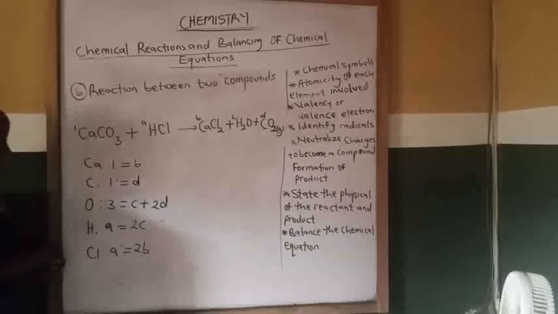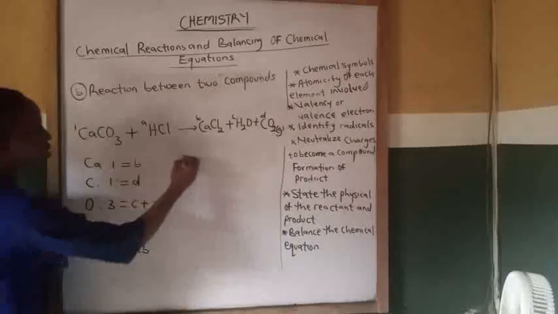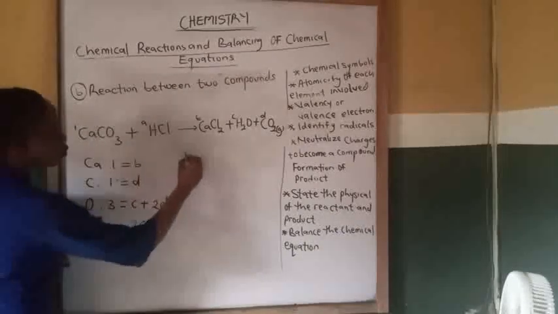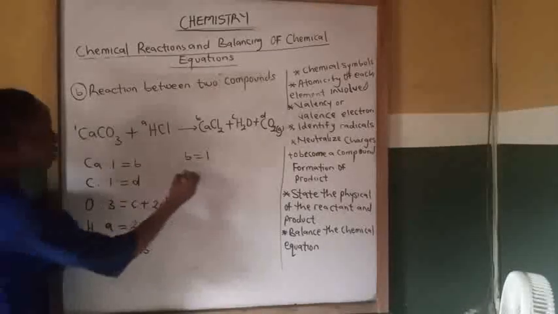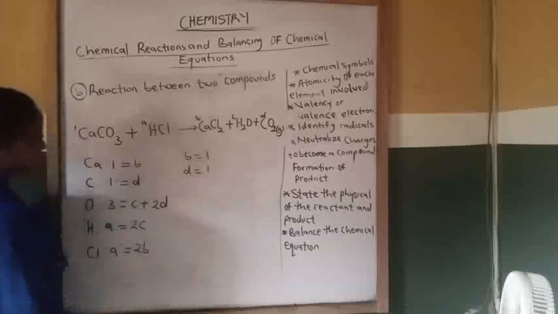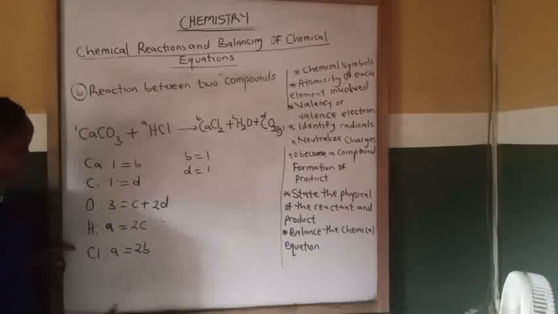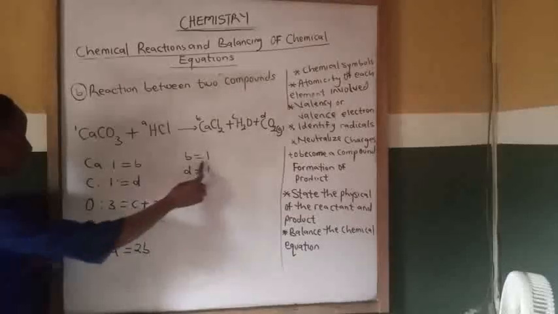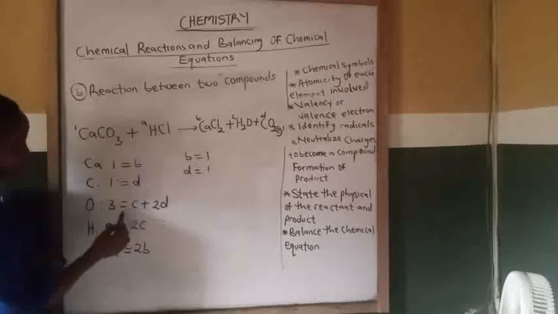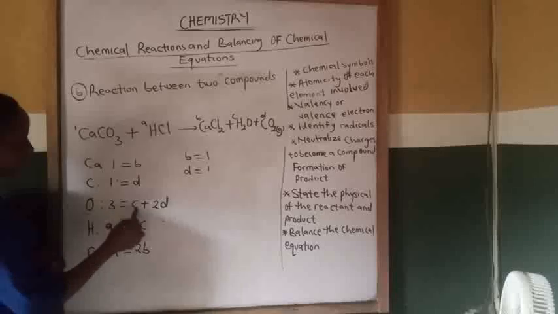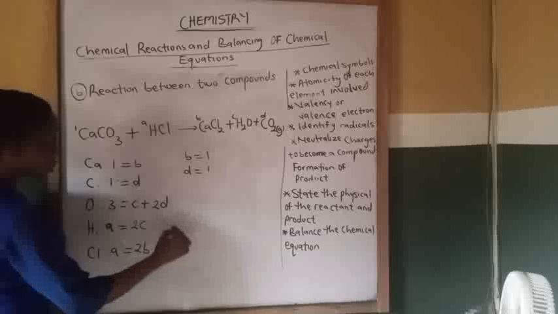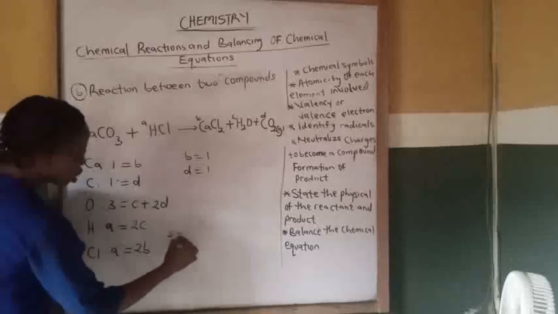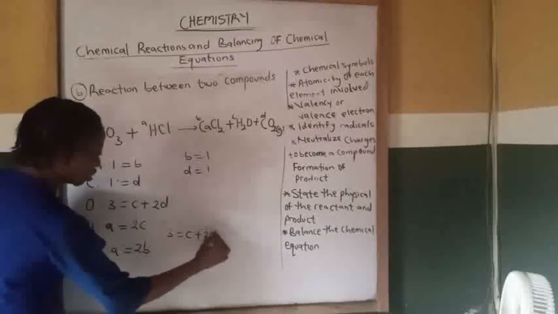Then don't forget that our B equals 1. I've gotten the value for B. Then D equals 1. So I've gotten the values for B and D. So let's look for the value for C. From this equation, we can calculate the value for C. So 3 equals C plus 2D.